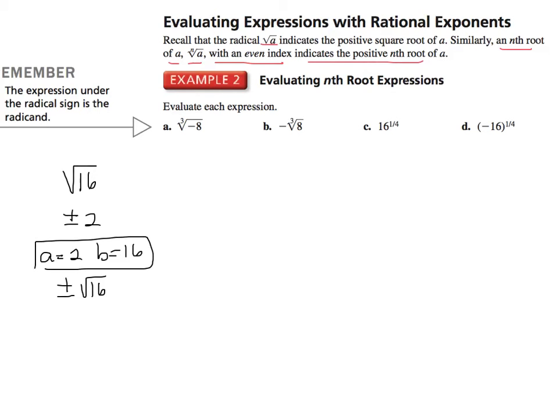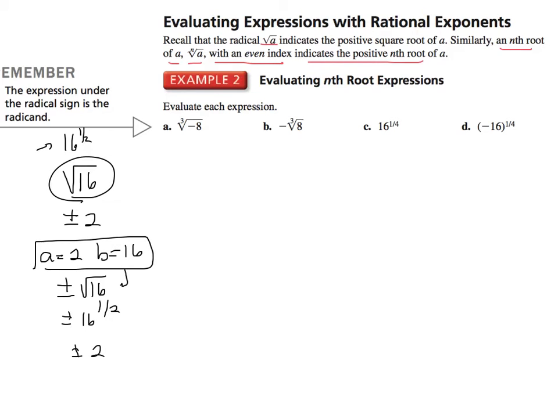Because I told you this, you plug it in, it's going to give you 2 different values, a positive and a negative, and that's how you get plus or minus the square root of 2. But if I give you just 16 to the 1/2, I'm only telling you that it's positive. So that's what it says right here. If you have an even index, that only indicates the positive nth root. So if I'm telling you that, then it's just positive.